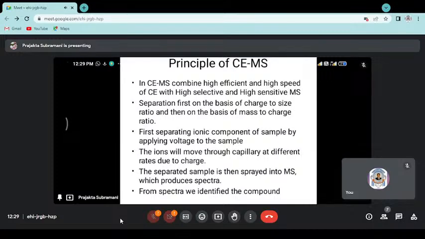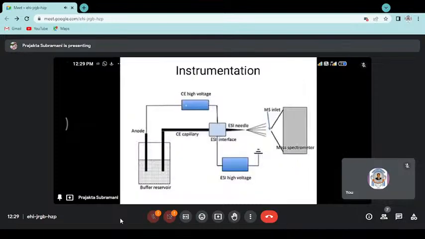Positively charged ions go to the negative electrode, and negatively charged ions go to the positive electrode. The separated sample is then sprayed into the mass spectrometer, which produces the spectra, and from this spectra we identify the compound. So this is the principle of capillary electrophoresis and mass spectrometry technique.